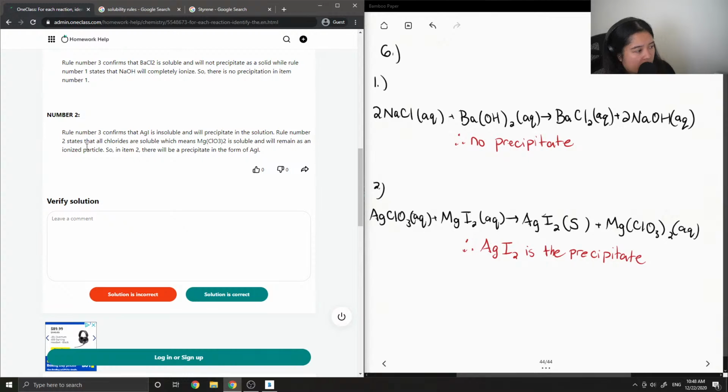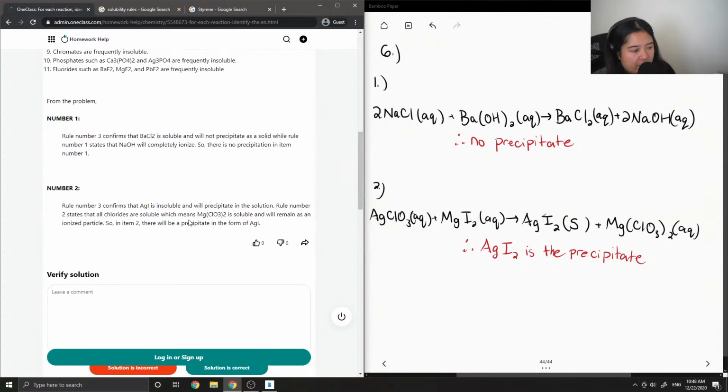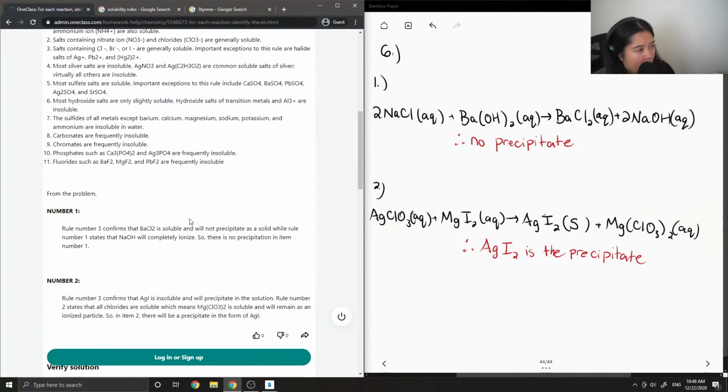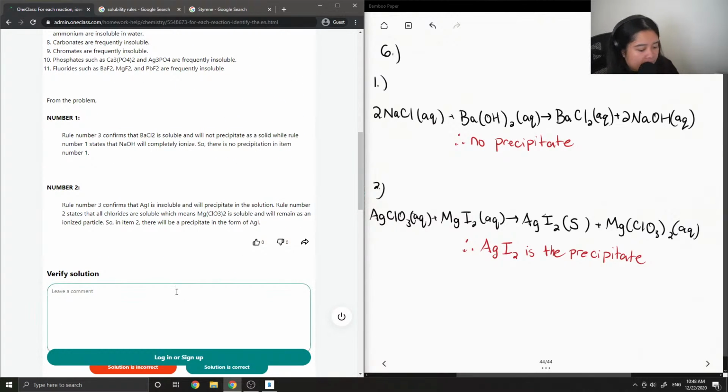Rule number 2 states that all chlorides are soluble, which means that magnesium chloride is soluble and will remain as an ionized particle. So in item 2, there will be a precipitate in the form of silver iodide. So this solution is correct.